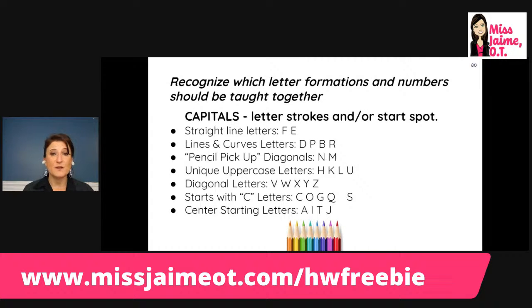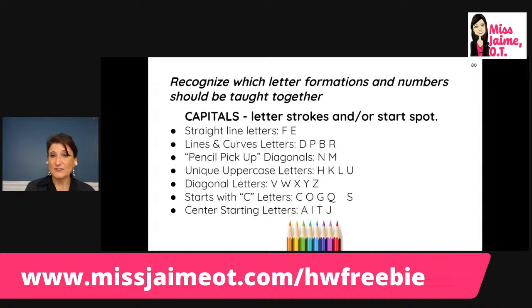For V, W, X, Y, and Z, they're actually going to start in that corner, just like the others, but they don't pick up their pencil, except for X. But they're not continuing it the same way. They're going for V, down, up. You can look at V and W and say, oh yeah, it's so easy to teach V and W together. Once they master V, it's just one more step to master W.